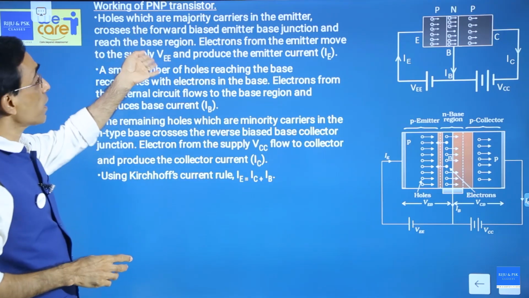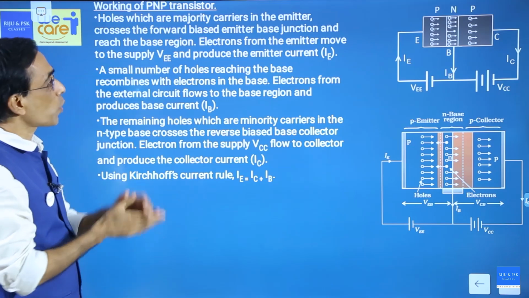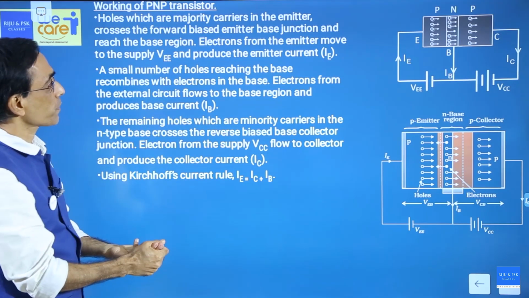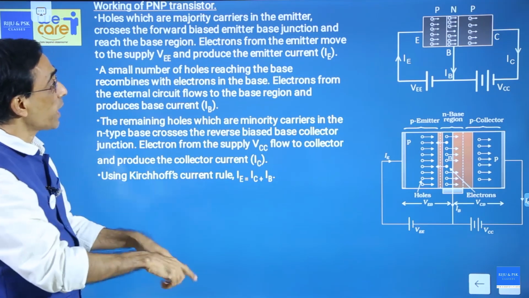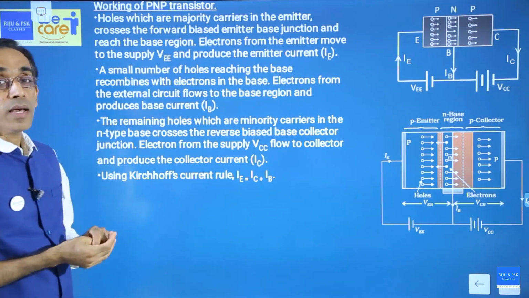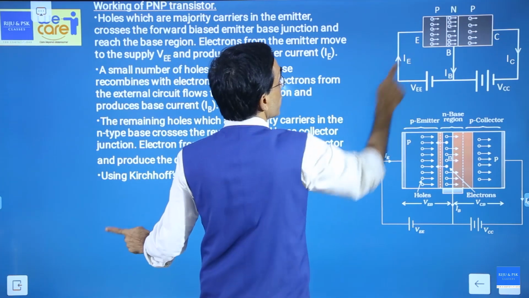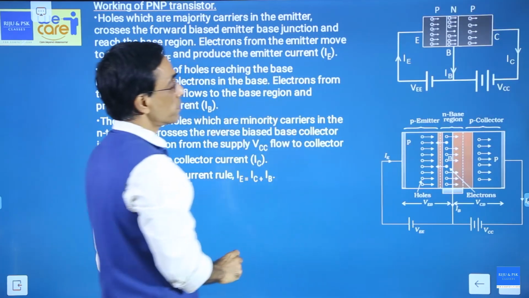Holes which are majority in the emitter cross the forward biased emitter base junction. Electrons from the emitter move to the battery and produce the emitter current. You should know that the emitter current is now flowing into the device. In the other one, the emitter current was going out of the device.